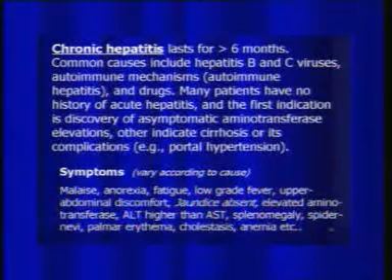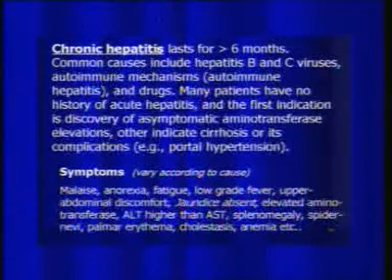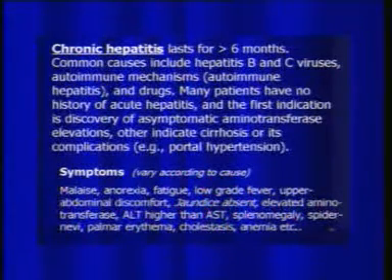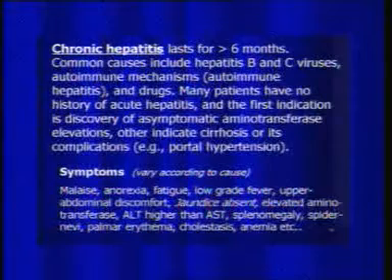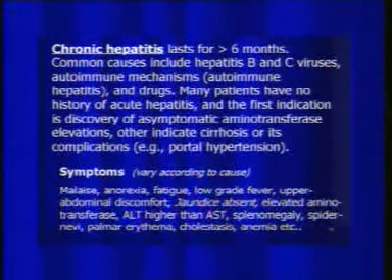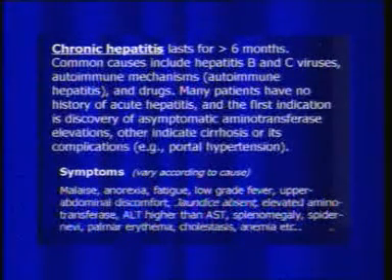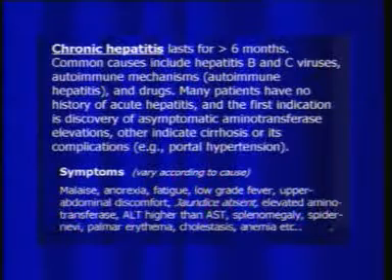Many patients have no history of acute hepatitis, and the first indication is discovery of asymptomatic aminotransferase elevations. This is important to remember, because when you see the clinical reports, you will find this level to be elevated. Others may indicate cirrhosis or its complications.